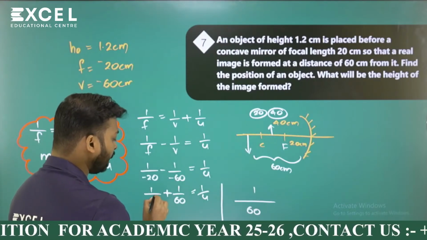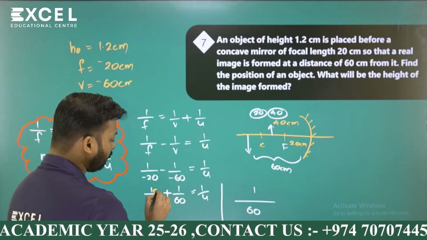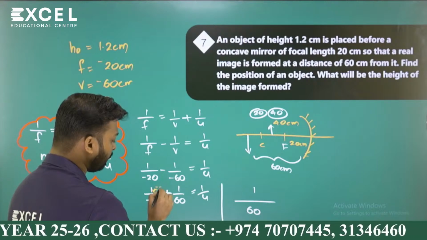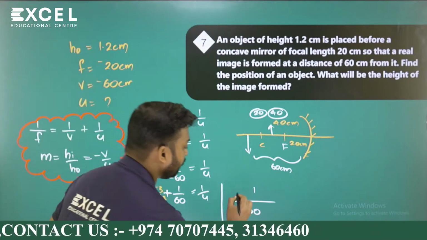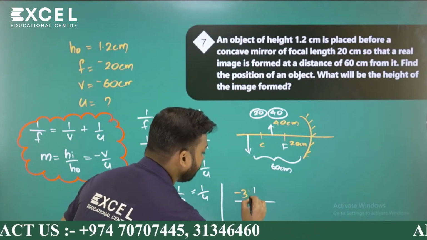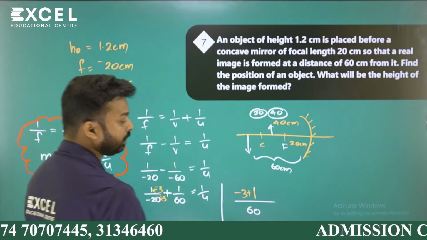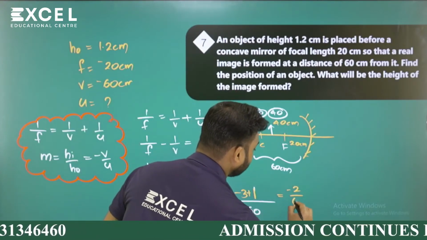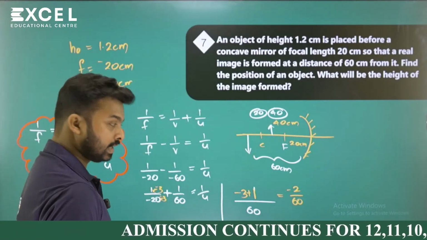This 20 has to be multiplied by minus 3, then only it will become 60. So it is minus 3 plus 1, which gives minus 2 divided by 60. 1/U will be equal to minus 2 divided by 60.